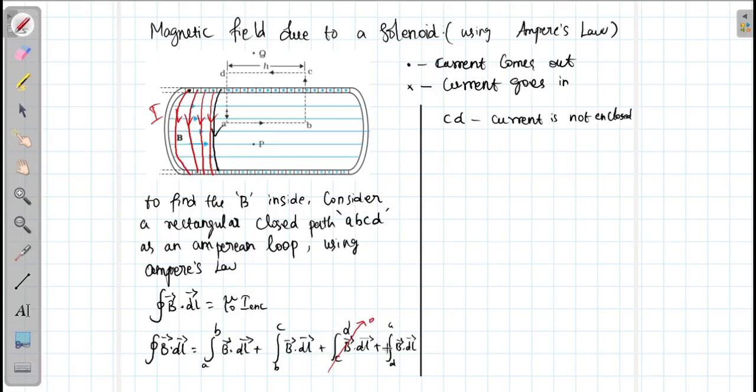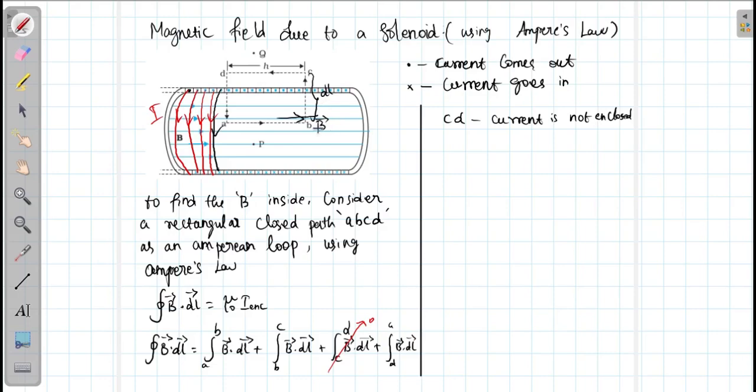This becomes 0. And for BC and DA, suppose this is dl, and the magnetic field is in this direction.